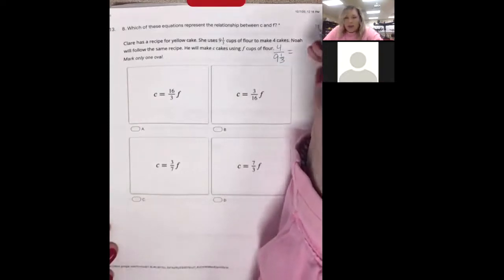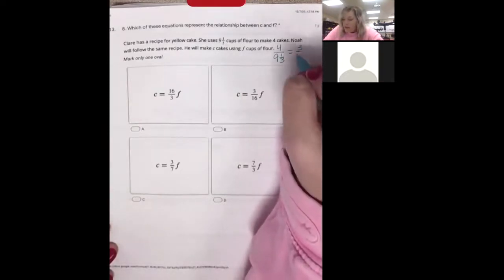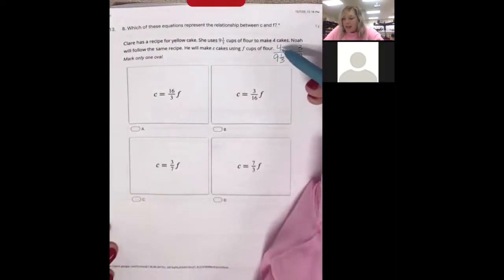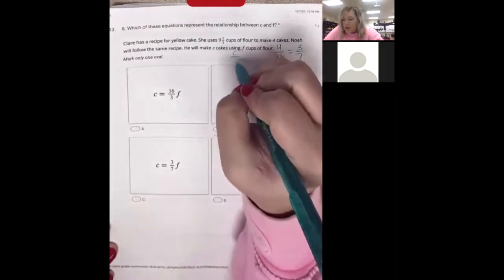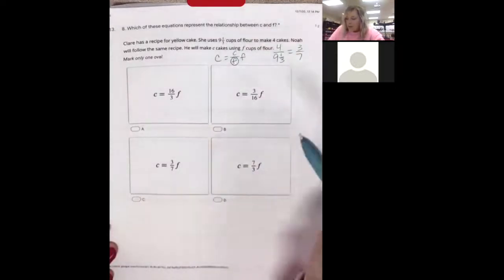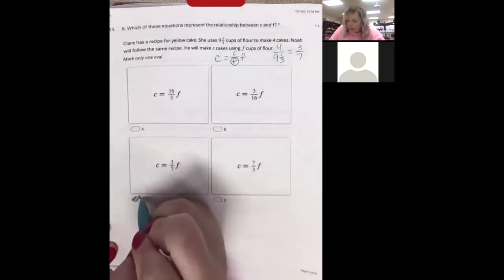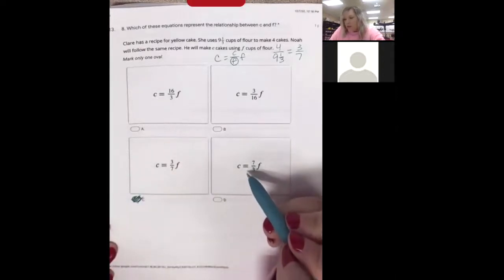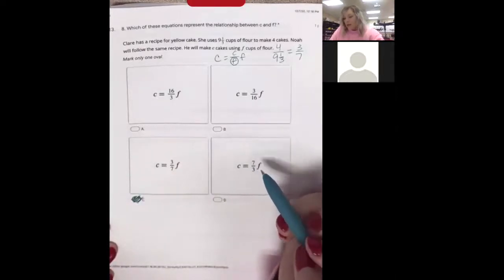So when I divide that, I get 3/7. And again, I did cakes divided by flour. So that means my unit rate is per cup of flour. Therefore, it's got to be C equals 3/7 F. If this was F equals, then this would be the correct answer.